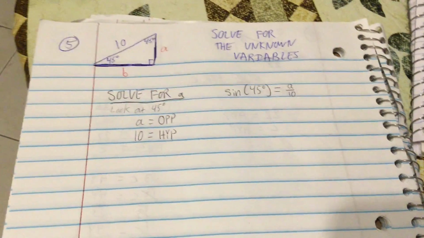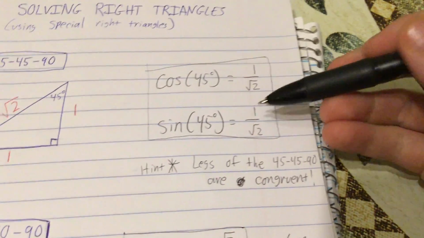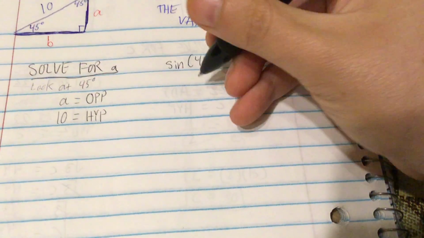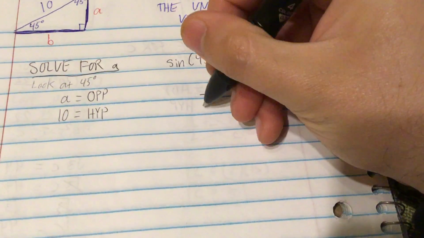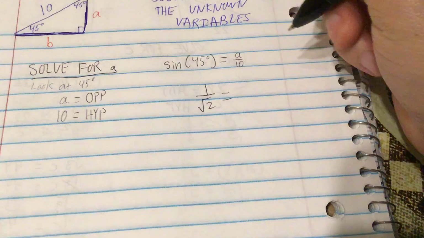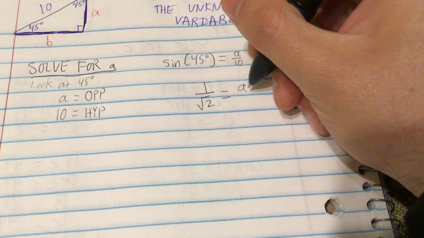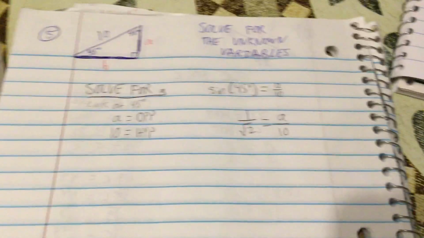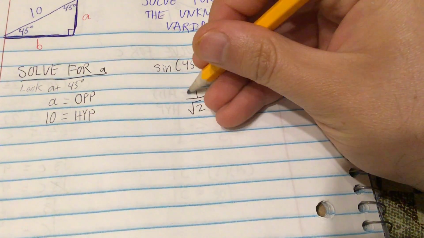So I'm going to look at my trig ratio. The sine of 45 degrees is 1 over radical 2. Therefore, 1 over radical 2 is equal to A over 10. Now I'm going to solve for A by cross multiplying.